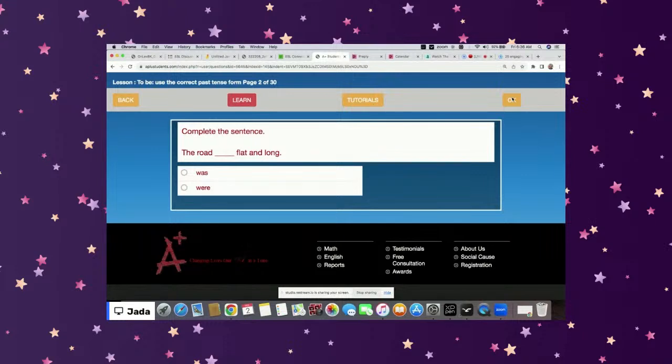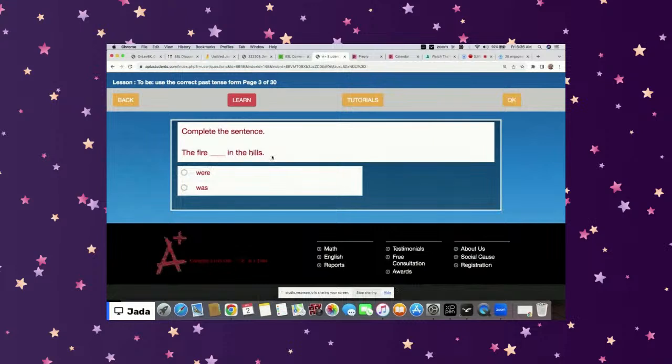Mm-hmm. Was. Okay. The road was flat and long because it didn't say the road, so was. Now the fire dash in the hills.